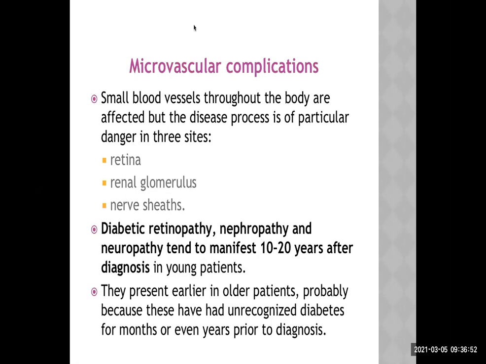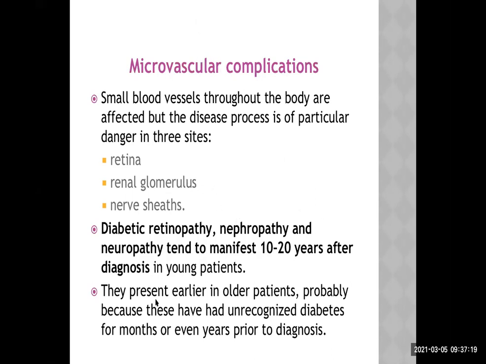They occur after a long time of diabetes, around 10 to 20 years. If blood sugar is very tightly controlled, they can occur even later than that, and if blood sugar is not tightly controlled, they can occur earlier. So these are the important points.